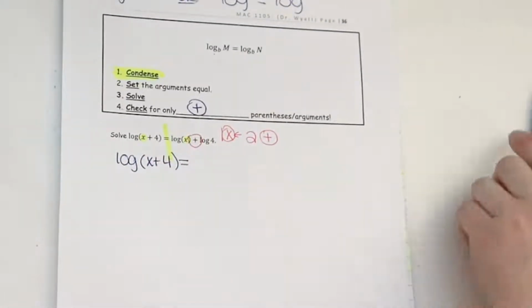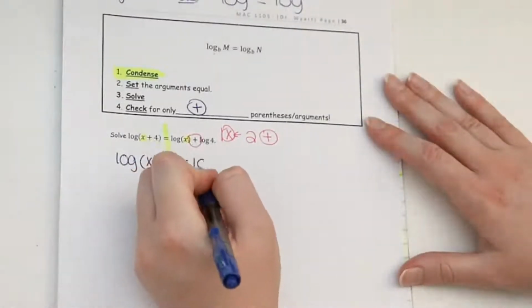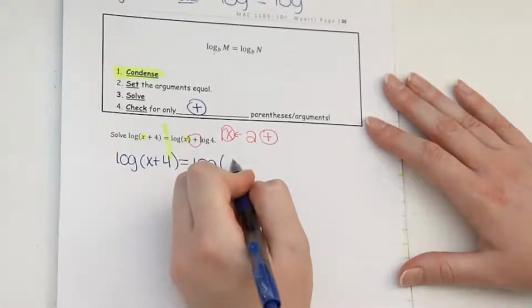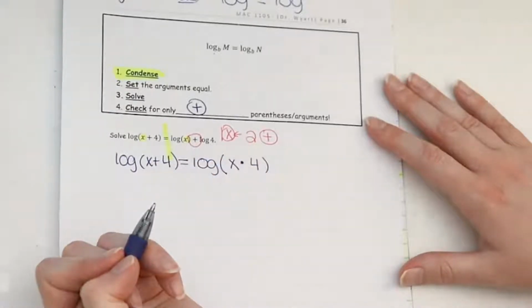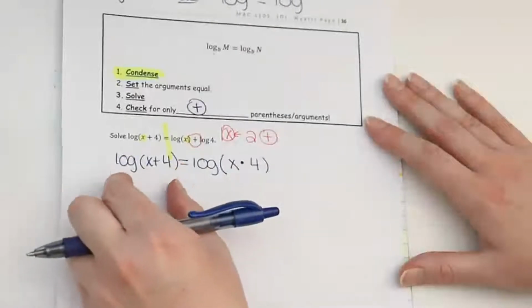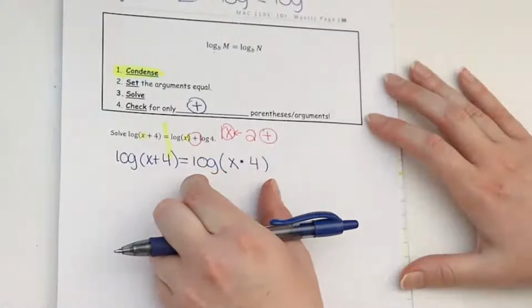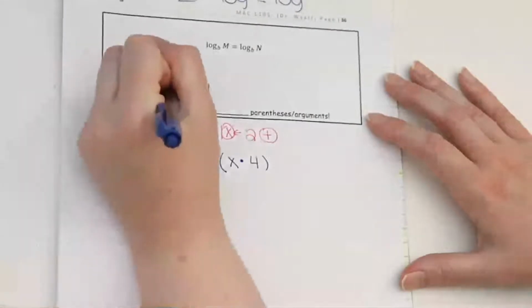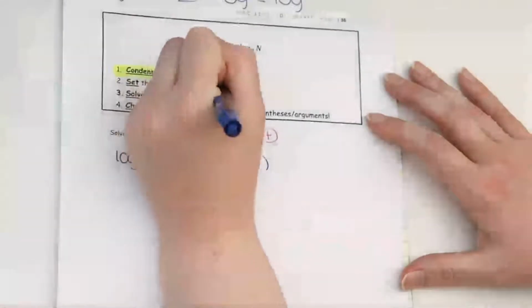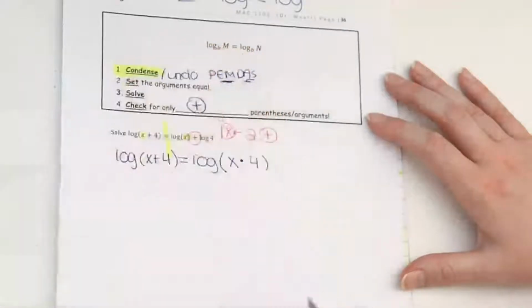So you'll say, okay, this log of x plus log of 4 can become log of x times 4. Now you have a single logarithm that's as condensed as possible. And then on the other side, you have a single logarithm condensed as possible. So you have, quote unquote, undone your PEMDAS as much as you possibly can with the addition, subtraction, multiplication, and division.